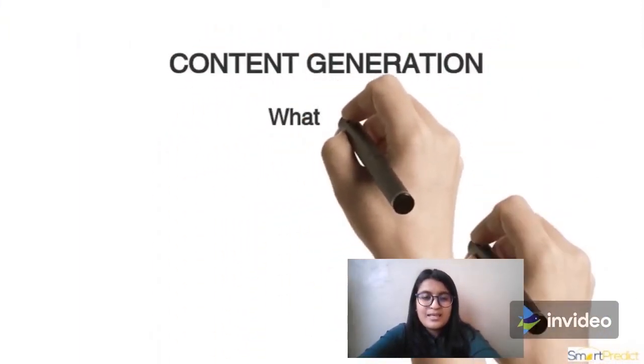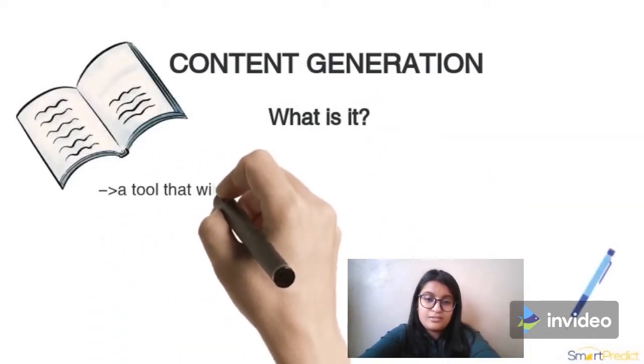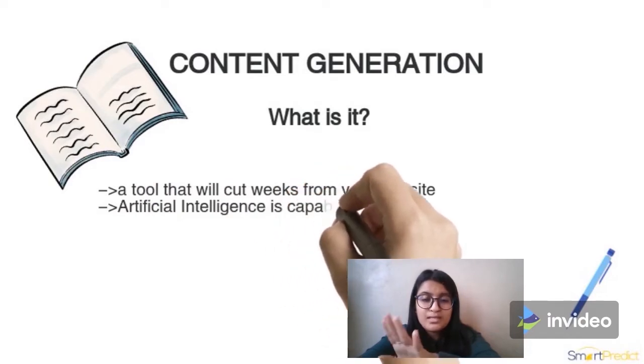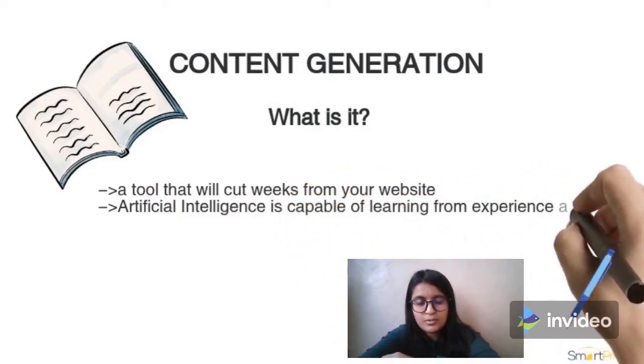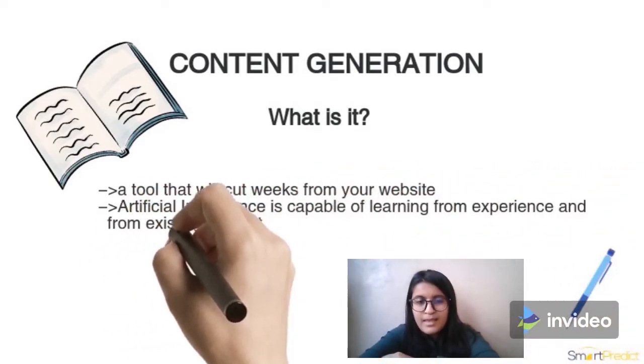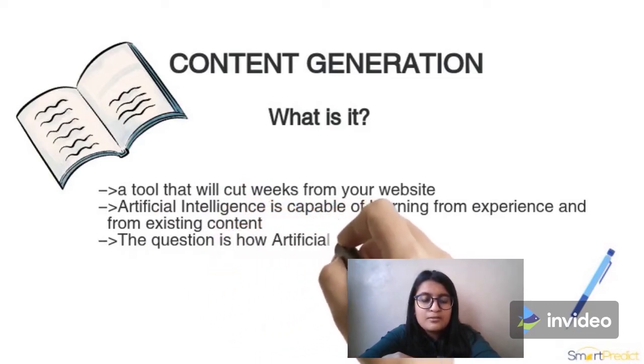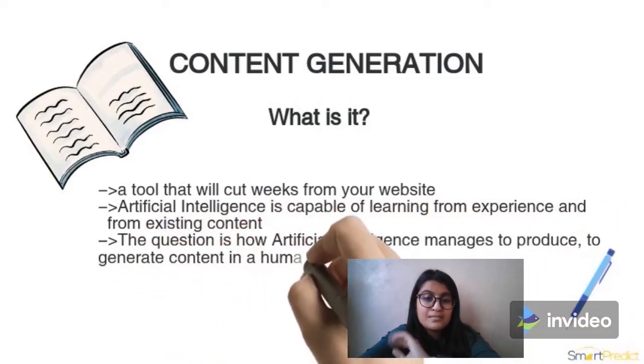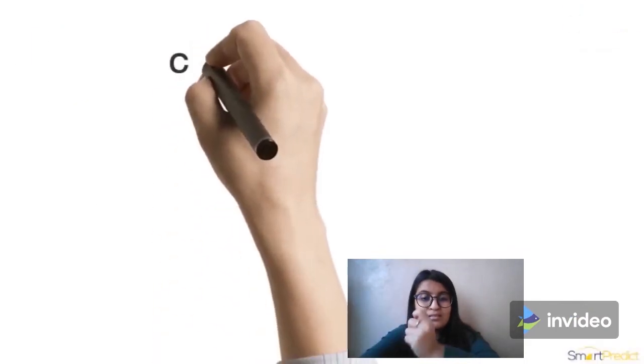The next use case is content generation. Content generation is basically a tool that will cut weeks from your website or online store building process. As we are aware, artificial intelligence is capable of learning from experiences and from existing content.